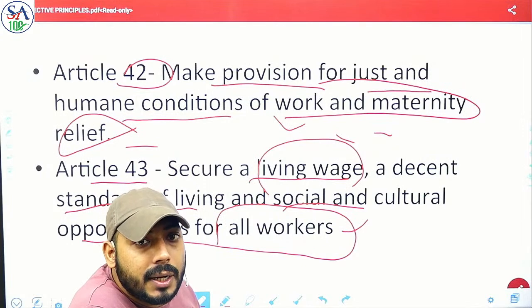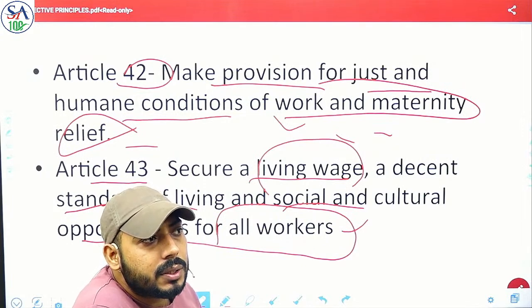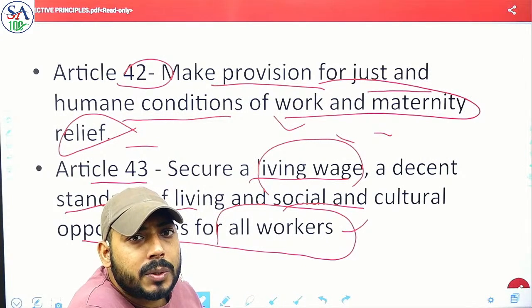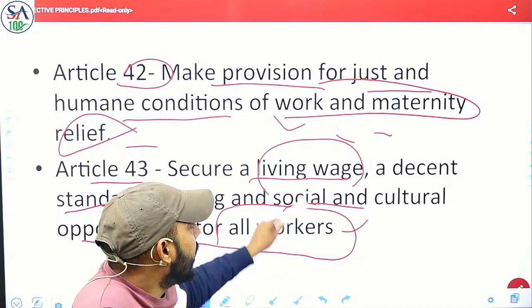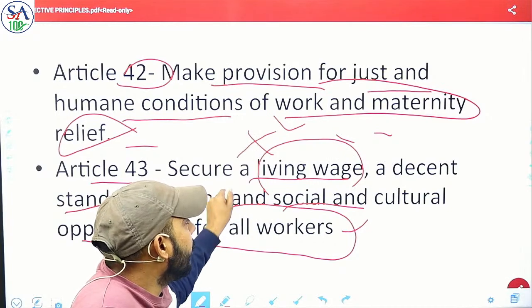Here, a living wage means, for instance, they are getting 100 rupees per day, but in those 100 rupees, he is not able to get two-time meals for himself or his family. So that will not be considered a living wage.